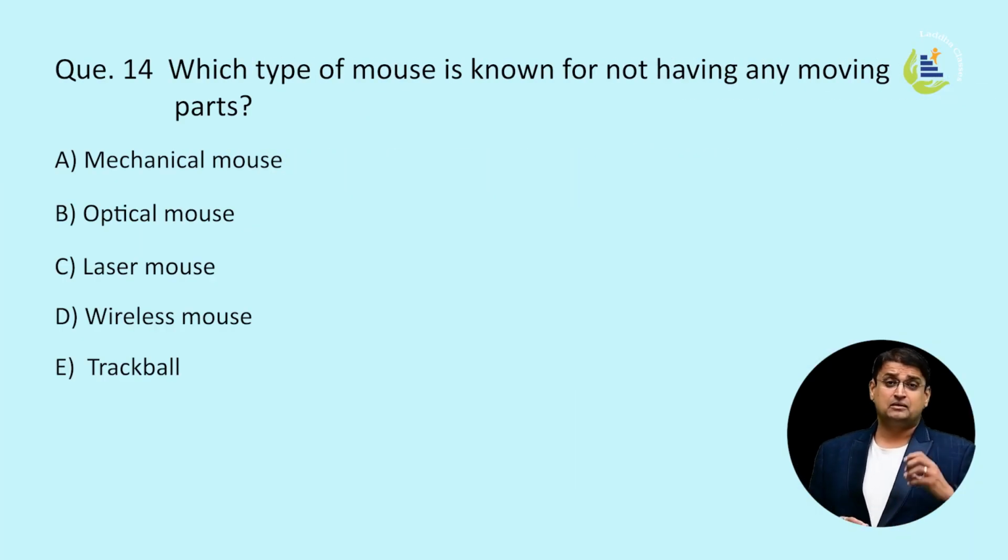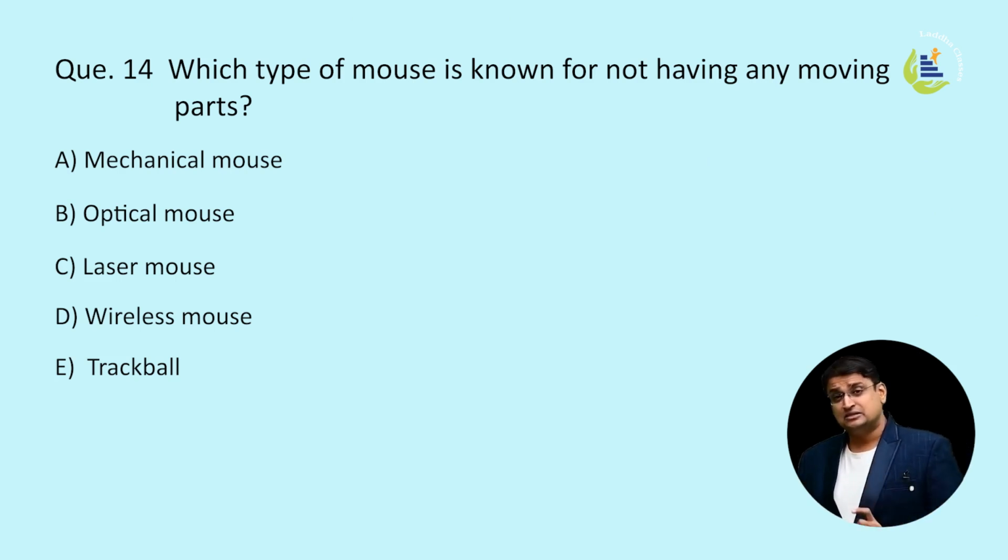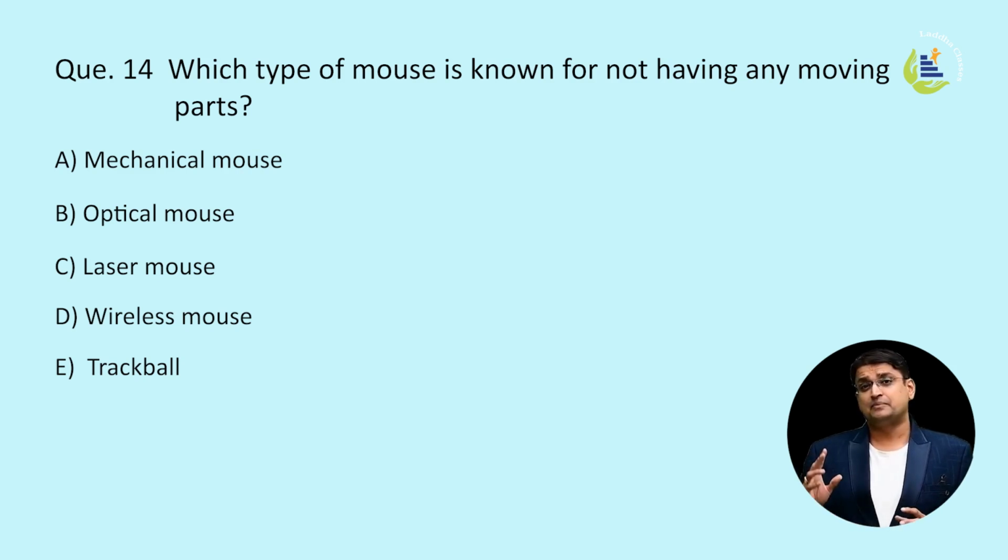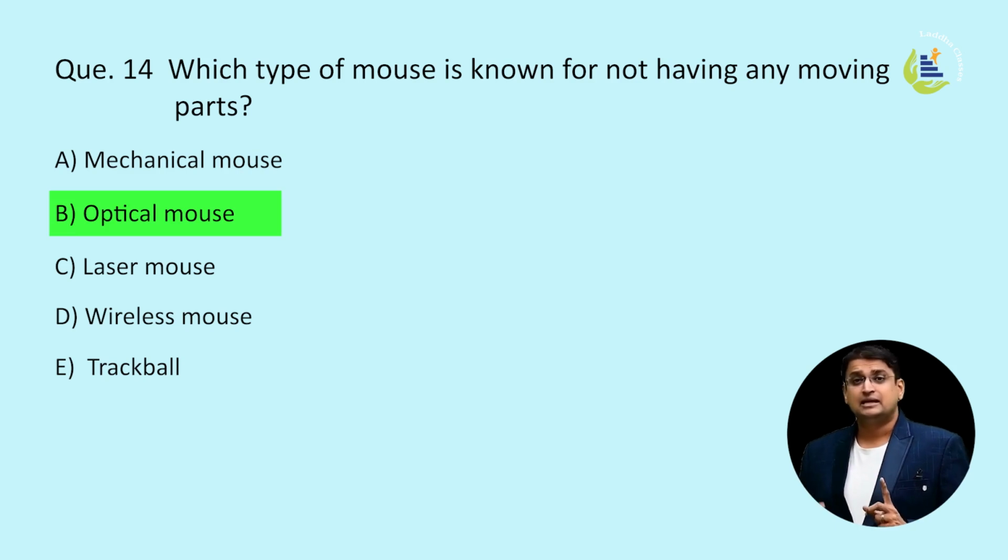Question 14. Which type of mouse is known for not having any moving parts? Options are mechanical mouse, optical mouse, laser mouse, wireless mouse, trackball. Correct answer option is B, optical mouse.